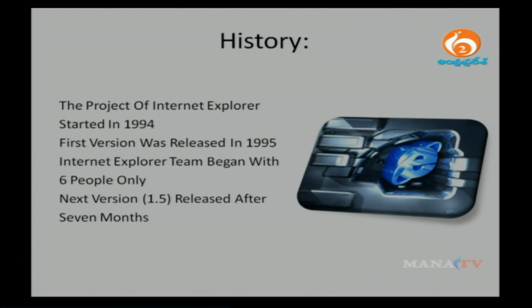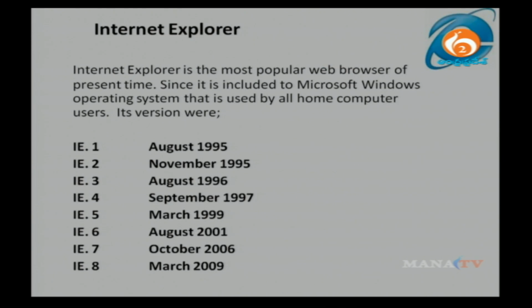History: the project of Internet Explorer started in 1994. The first version was released in 1995. The Internet Explorer team began with only 6 people. The next version, 1.5, was released after 7 months. Internet Explorer is the most popular web browser of present time.